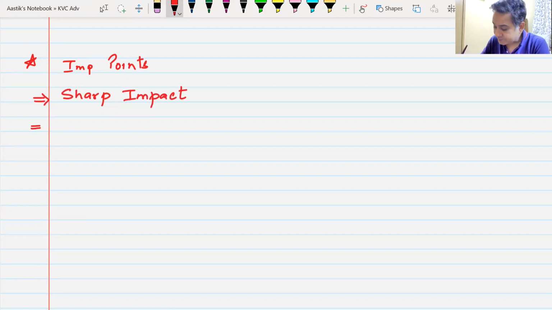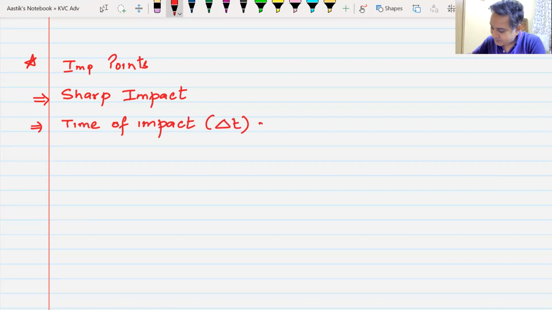The time of impact or collision, we call that time delta t, is very small.